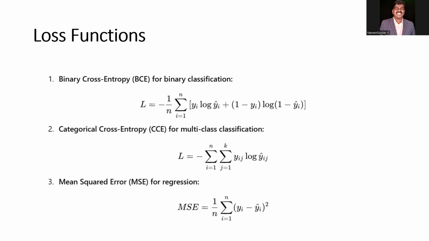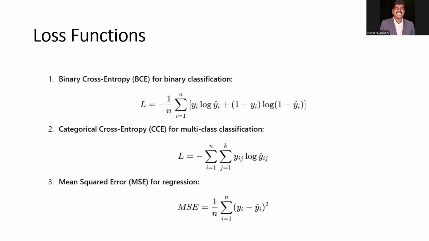These are the formulas we use for the loss function. This is for binary cross entropy: we have only one summation, i equal to 1, in which we compute yi times the log of y hat, plus 1 minus yi times the log of 1 minus y hat, where y hat is the predicted value.